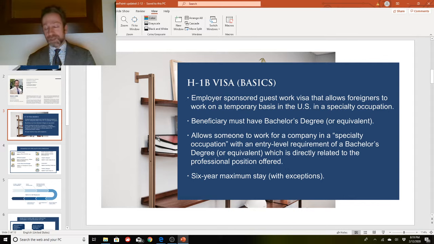And the H-1B is usually limited to 6 years, but it can be extended and it can be transferred to a green card if the employer wishes to sponsor the employee for the green card.